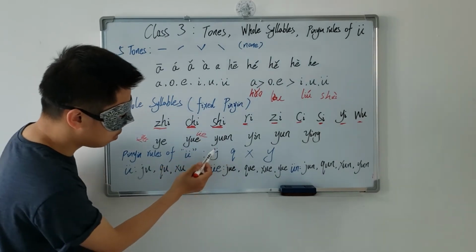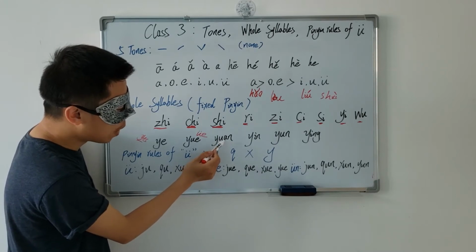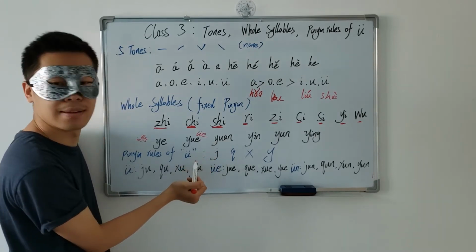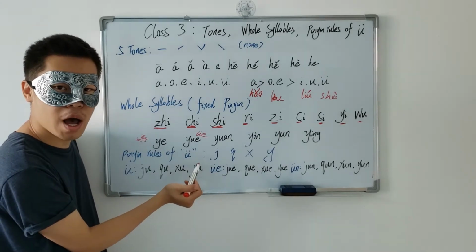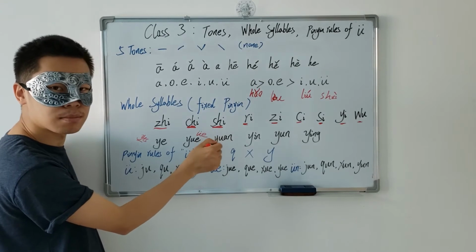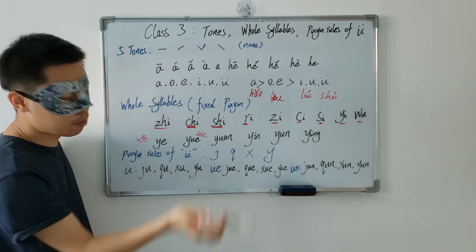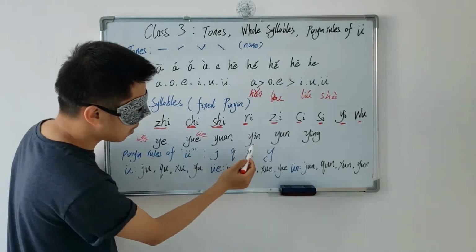This one is yuan, like yi, wu, an, yuan. It's just like normal pinyin. This one is like yin.